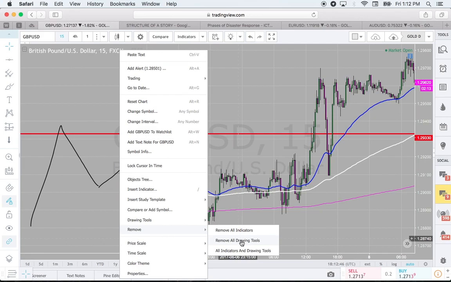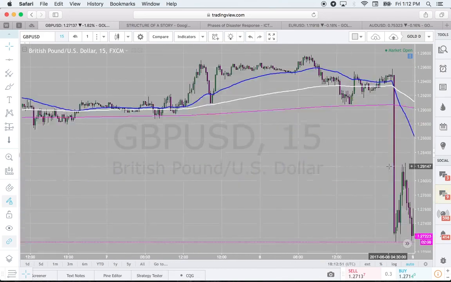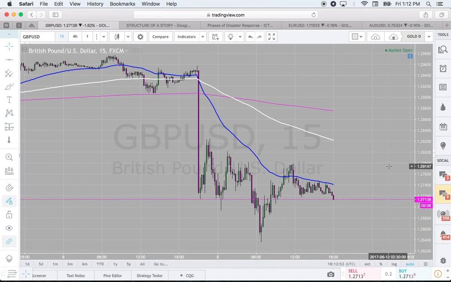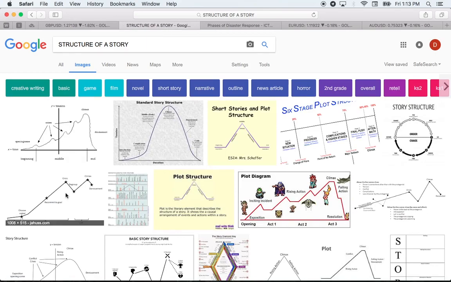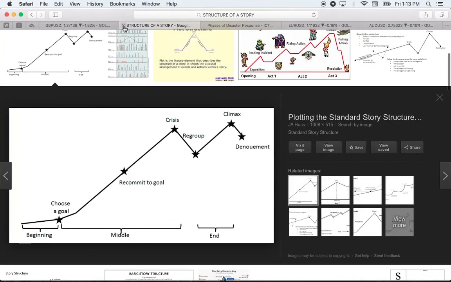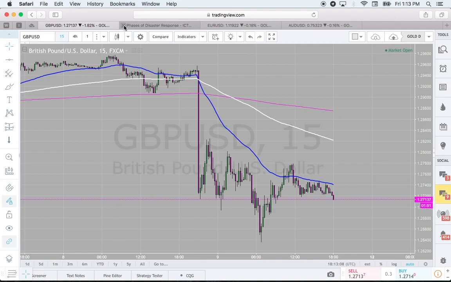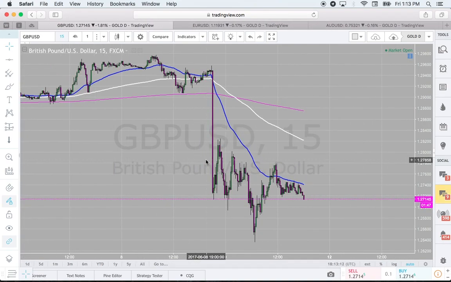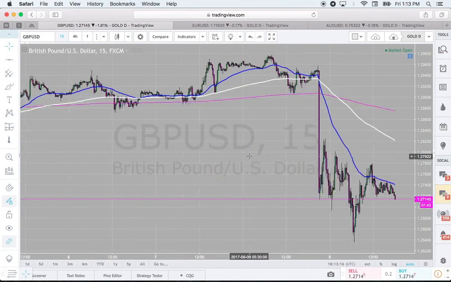So the M and W is a common reversal pattern that we talked about, is also a pattern that happens in the structure of a story. We talked about that in the previous lesson. So now we'll go over some of the characteristics of the M's and the W's.